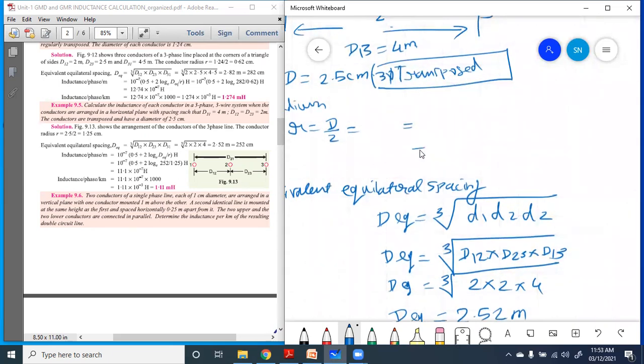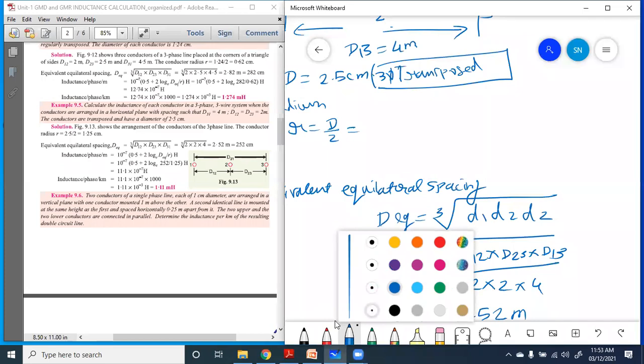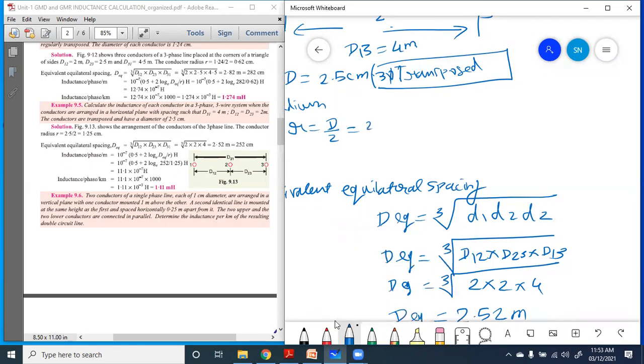In this case we need to calculate the radius of the conductor again, because the radius of the conductor is diameter upon 2. So 2.5 upon 2 becomes 1.25 centimeter. That means 1.25 into 10 raised to the power minus 2 meter. This is the radius of the conductor.